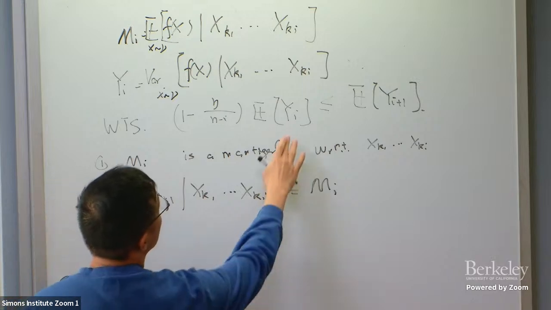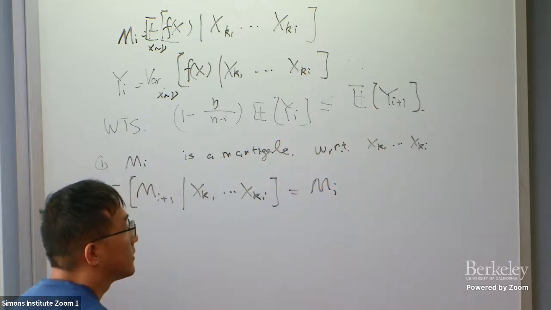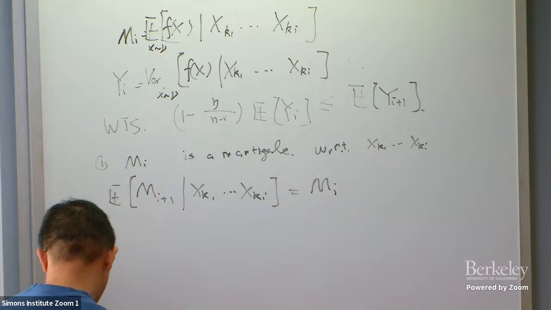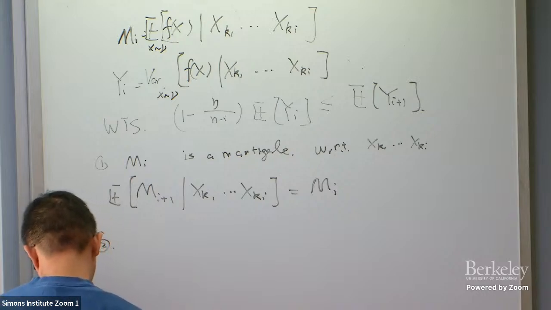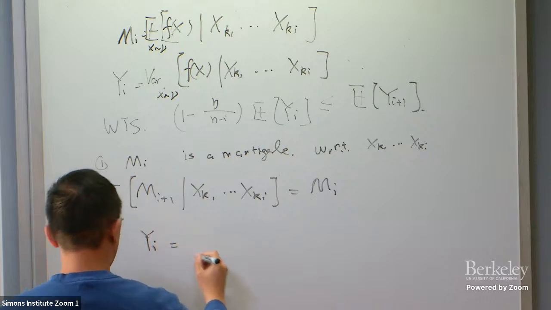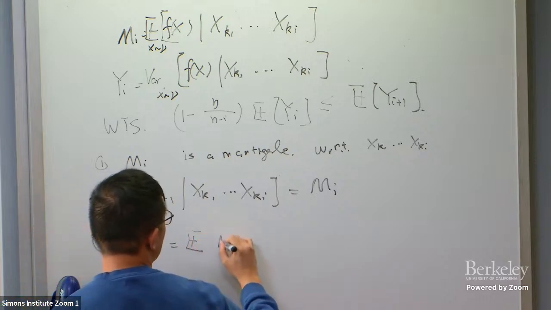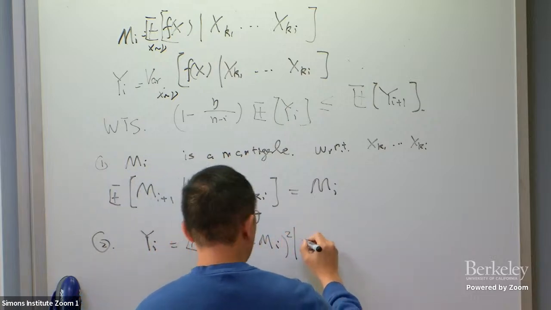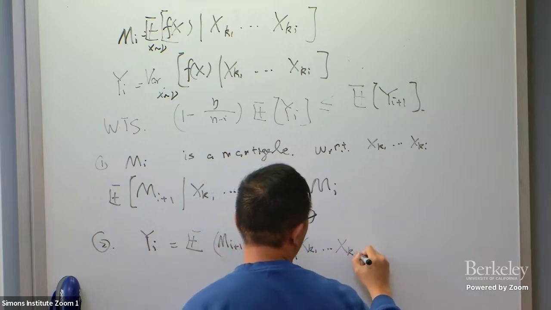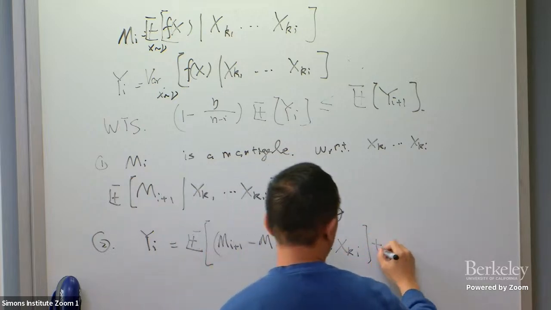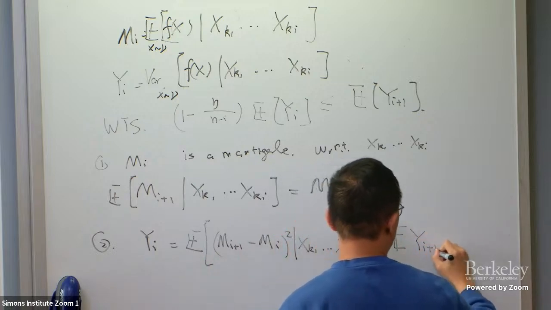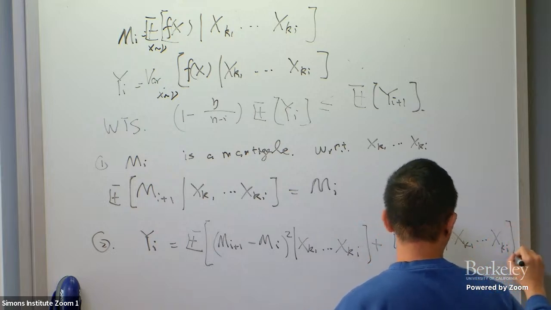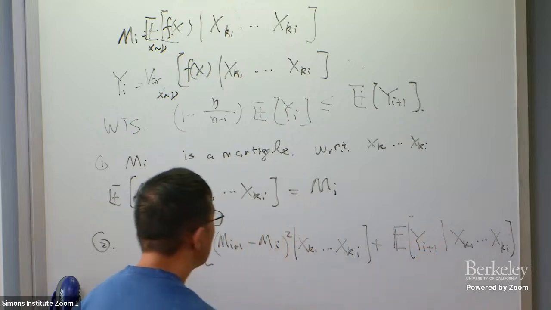The second thing to observe, we want to relate these two variances. So it's natural to think about the law of total probability for variance. You have this identity that yi equals mi.